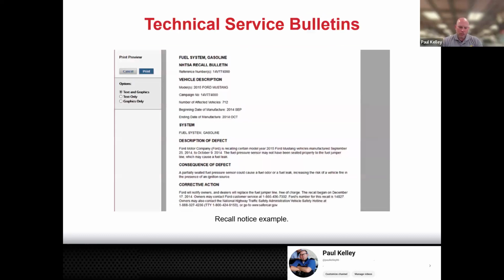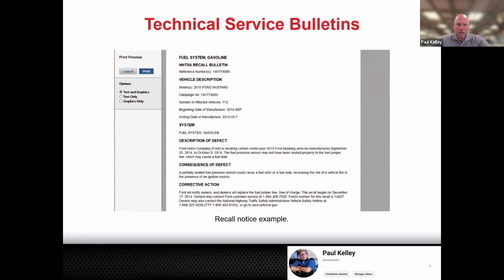Of course, another thing is technical service bulletins. AC's one of the first classes we typically cover that's more diagnosis in its focus, so you really need to get in the habit of checking for TSBs.